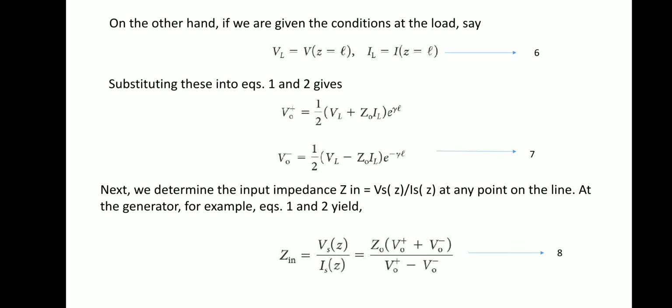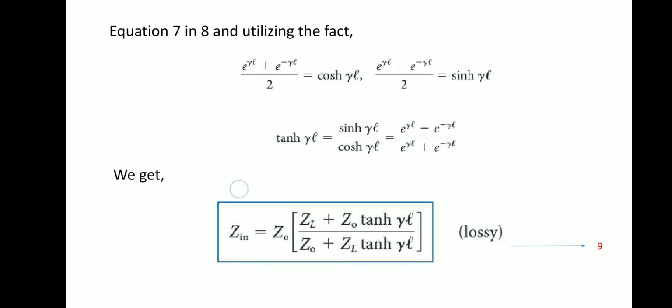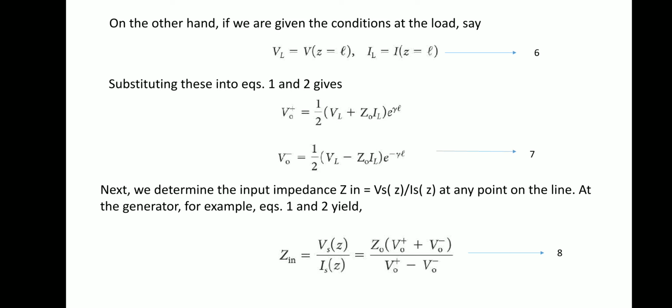Now we know equation number 7. From that we will get V0 plus and V0 minus, so you can replace V0 plus and V0 minus respectively. Then simplify the equation by combining all the VL terms together and Z0 IL terms together.